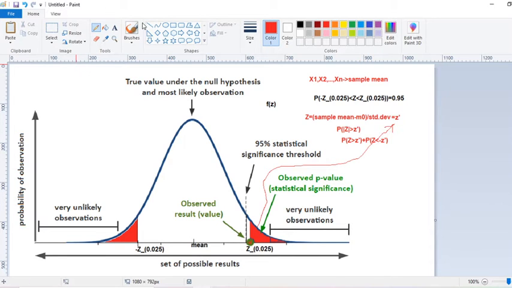But you know what the rejection region is. This is the acceptance region.